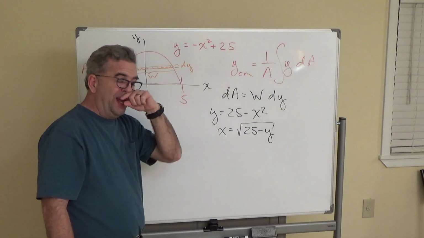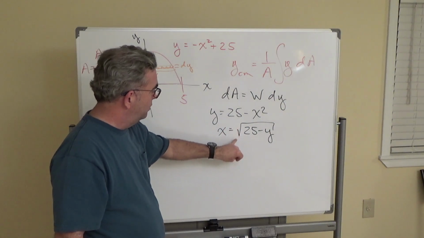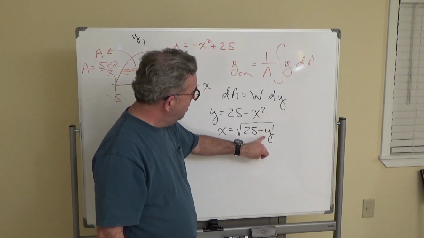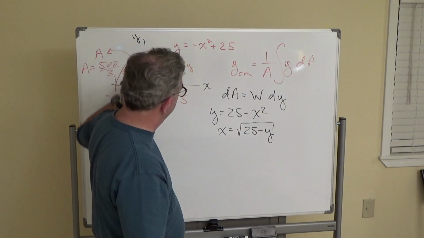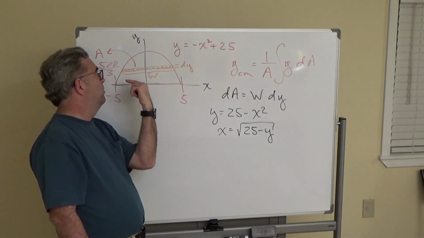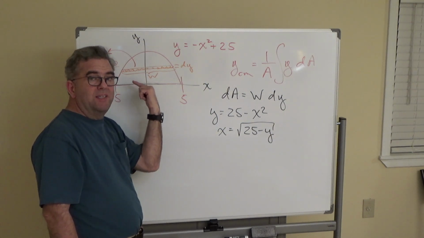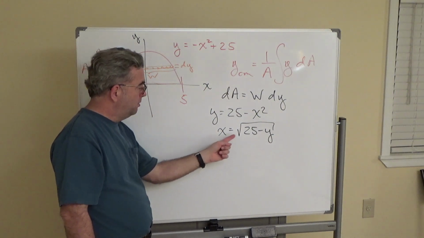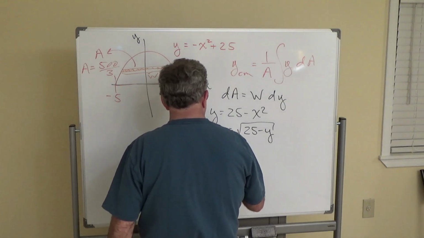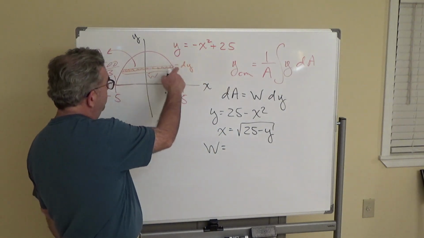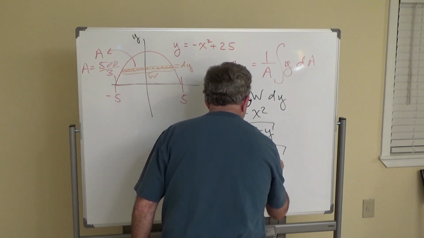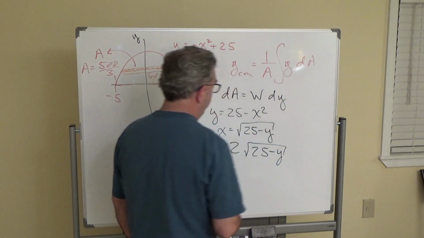So the total, and look, I realize this is plus or minus, but we're integrating, y is positive everywhere, and if I want to take into account that negative side just by symmetry, I just multiply this by 2. So w, what I call w, the width of the strip, is equal to 2 times the square root of 25 minus y.